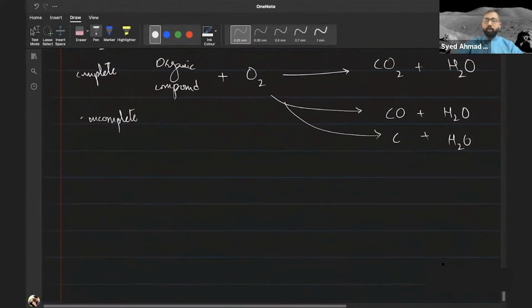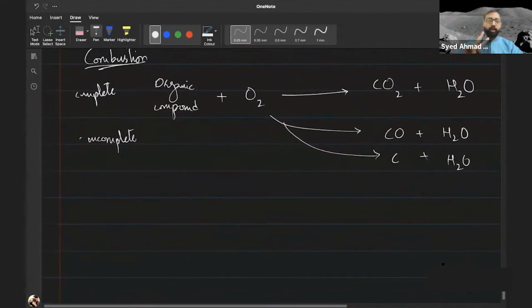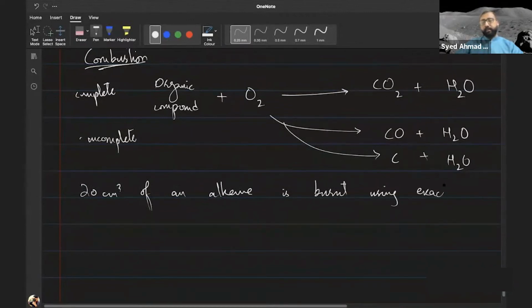अच्छा, how do I know? And usually what they do is, question दो तरह के आते हैं MCQs में। एक वो आपसे कह देते हैं कितनी ऑक्सीजन यूज हुई है, बताएं कौन सा ऑर्गेनिक कंपाउंड था, और आपको डिफरेंट एग्जांपल्स दे देता हूं। अब इसको हम किस तरह से करेंगे? द लॉन्गर रूट इज टू मेक एनी, let me give you an example. 20 cm cube of an alkane is burnt using exactly 130 cm cube of oxygen.